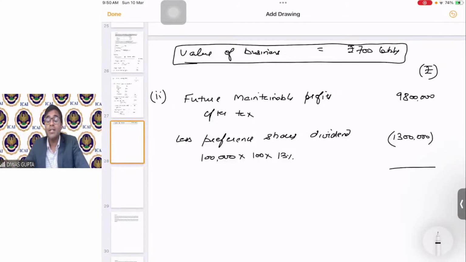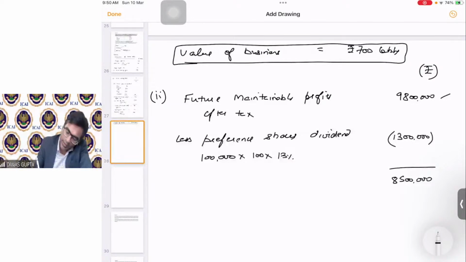Please remember, students, there is no tax adjustment required now in this, right? Only profits are after tax, but for the dividends that we are paying, there is no tax adjustment required. Had it been interest, then we would have taken the tax adjustment on interest. So it becomes 85 lakhs.